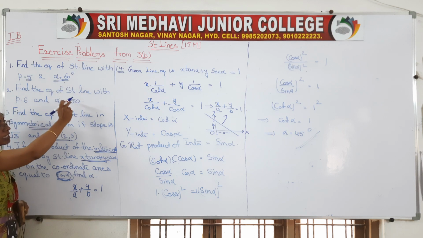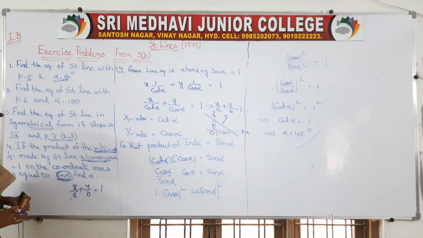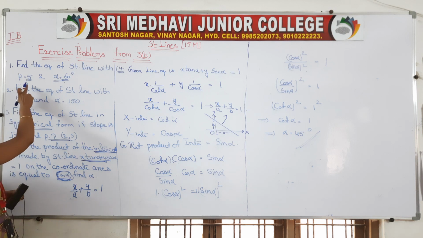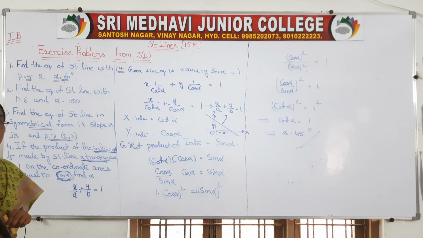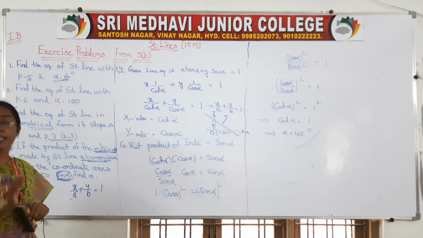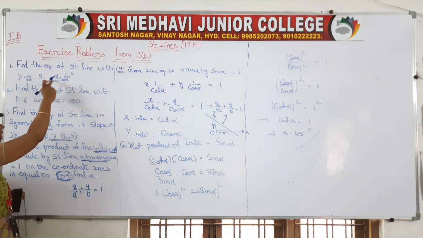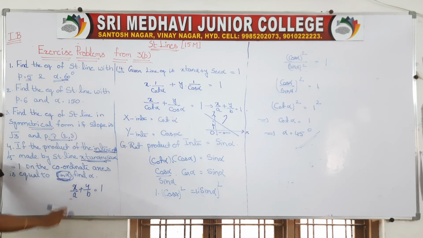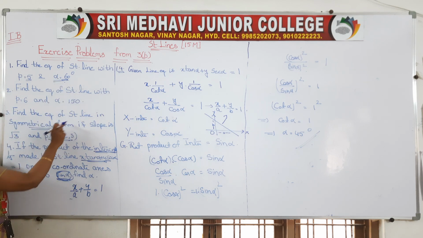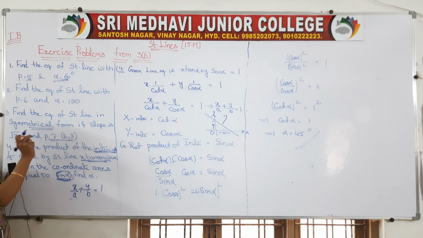Here it is 60 degrees, here it is 150 degrees. And remember, in any question P is given, alpha is given, and write the straight line equation means we have to go for normal form. Why normal form particularly? Because normal form only contains P and alpha terms in its equation. After that, find the equation of the straight line in symmetrical form.